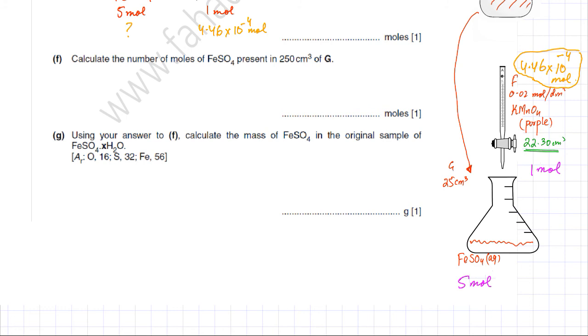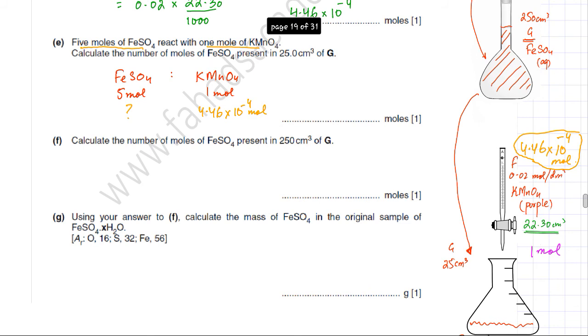So that's the ratio. So if you have 4.46 × 10⁻⁴ moles of KMnO4, then the quantity of FeSO4 that would react with it according to this ratio would be 5 times that quantity. So using the crisscross method, using simple ratios, the quantity of FeSO4 that would be needed would be 4.46 × 10⁻⁴ moles multiplied by 5.